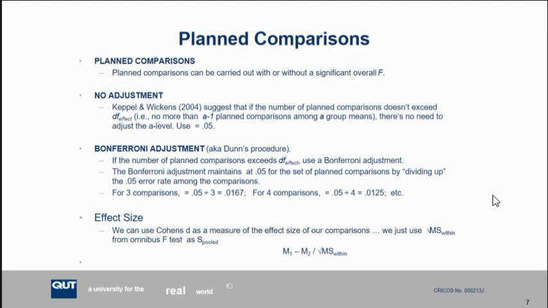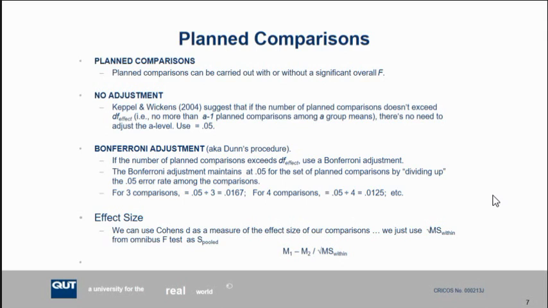For planned comparisons, they can actually be carried out with or without a significant overall F, but it's still quite common to run your omnibus ANOVA first and then the planned comparisons to test your specific hypothesis. Keppel and Wickens actually suggest if the number of planned comparisons doesn't exceed our degrees of freedom between, then we don't need to make any adjustment at all.